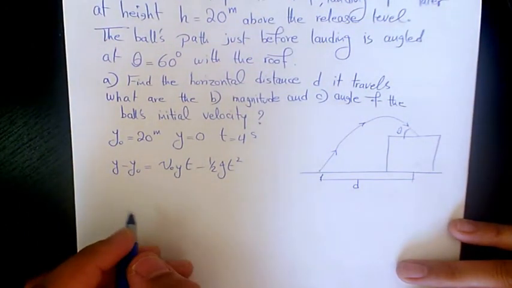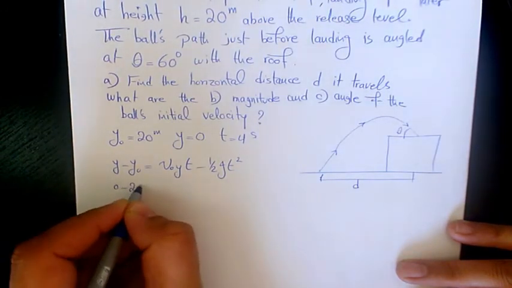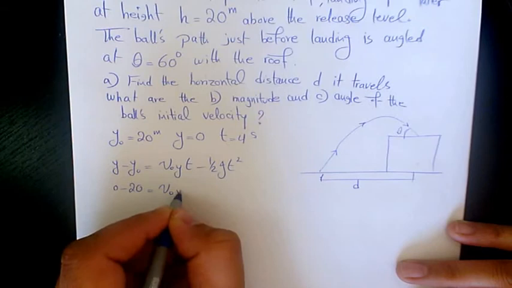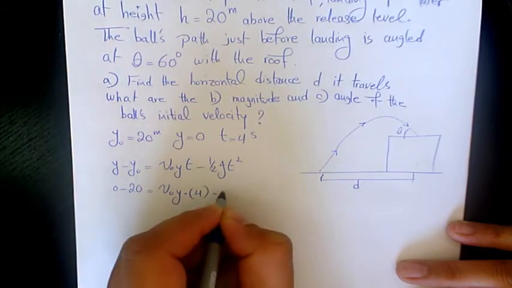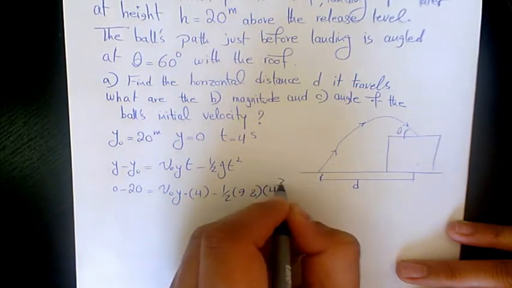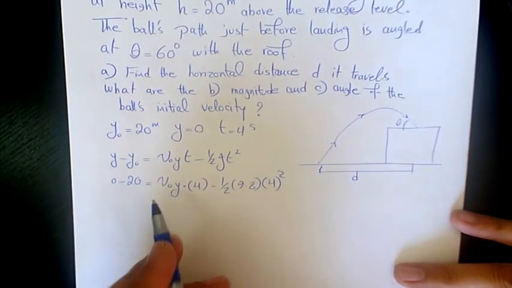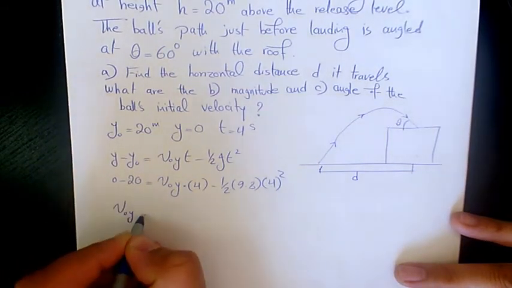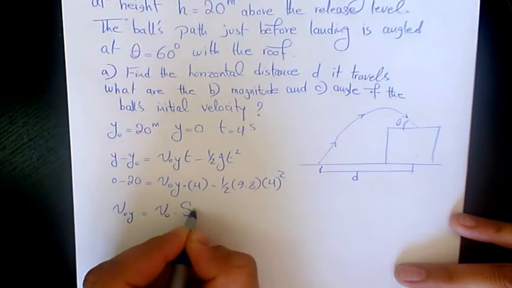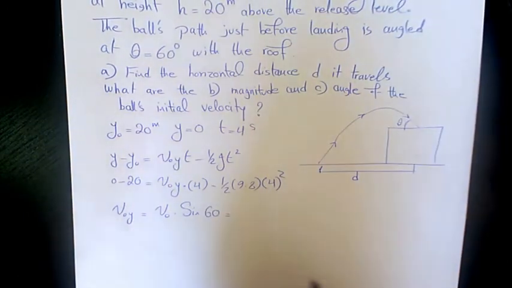Then we have 0 minus 20 equals v naught y times 4 minus 1 over 2 times 9.8 times 4 squared. We need to find out v naught y. V naught y is going to be v naught times sine of this angle here, which it says 60 degrees.